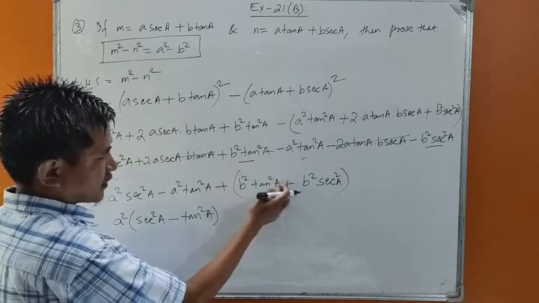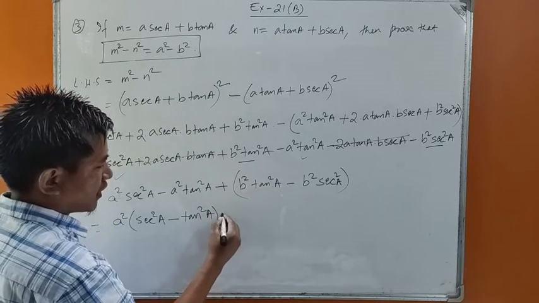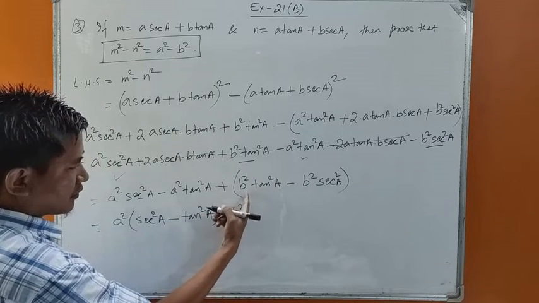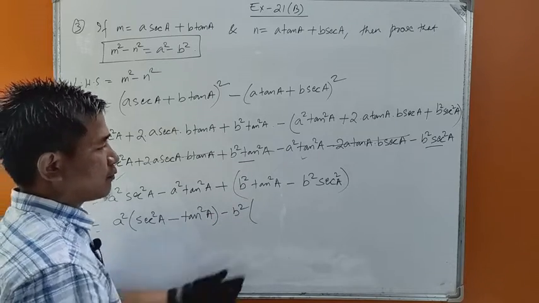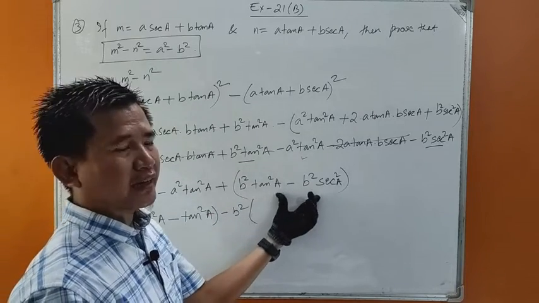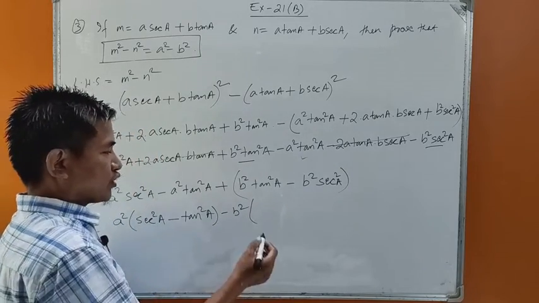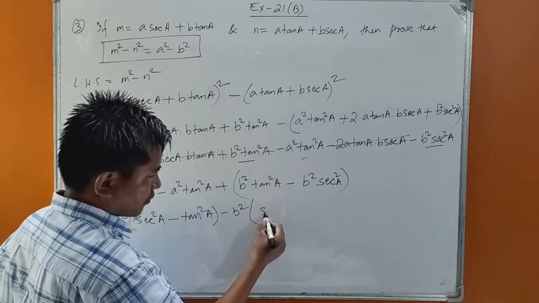Let's take minus sign common from here, okay, minus and b square, so minus b square. So when we take minus sign common out, that minus into this plus becomes minus, okay. Now the numbers which are negative will become positive and the numbers which are positive will become negative, okay. So sec square a was minus, now it will become plus sec square a.